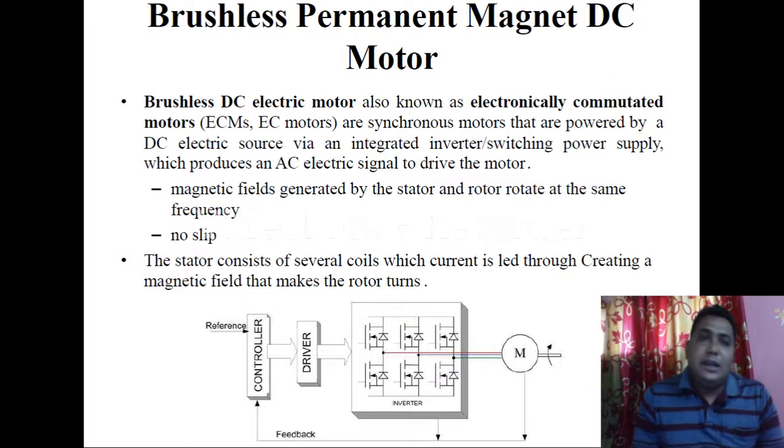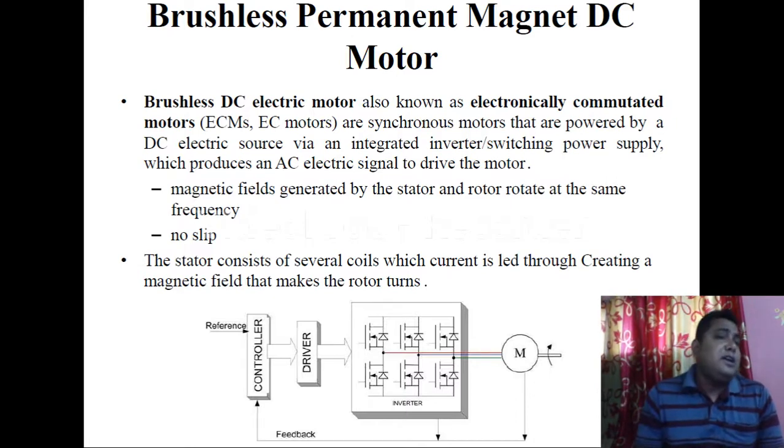So as Ns is equal to Nr, that means the rotor speed is equal to the synchronous speed. So there is no relative speed between them, and if there is no relative speed, there must not be any kind of slip. The stator consists of several coils through which current is led, creating a magnetic field that makes the rotor run.